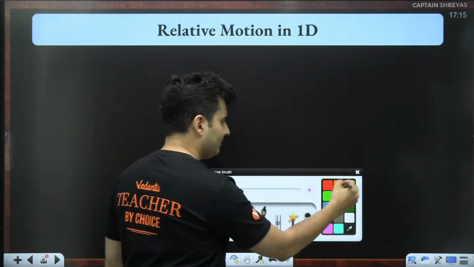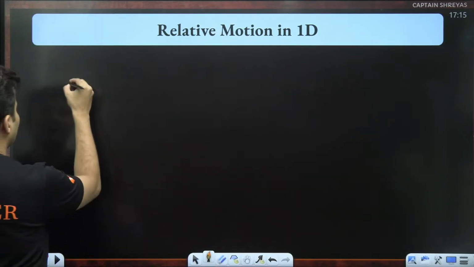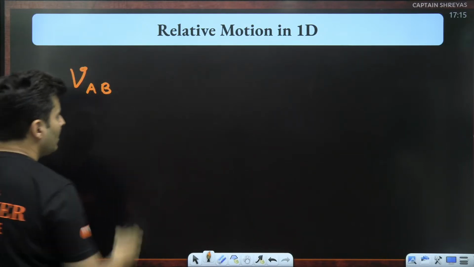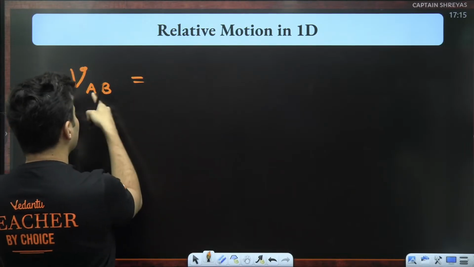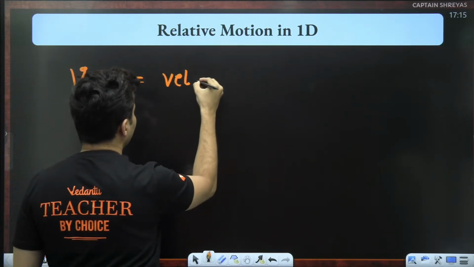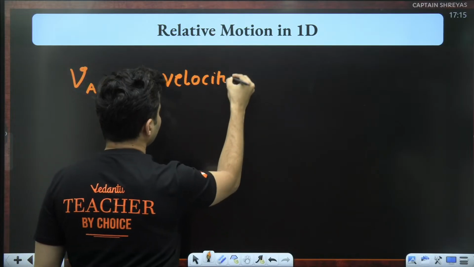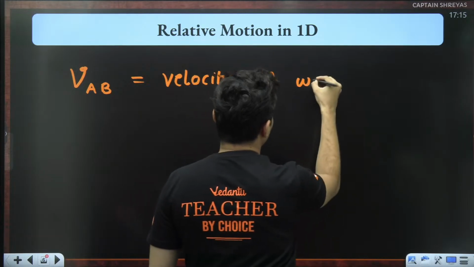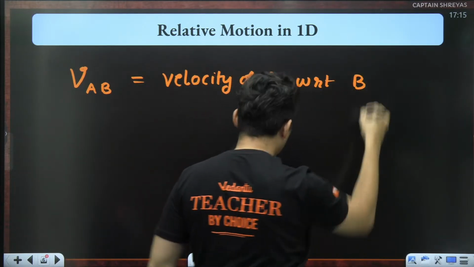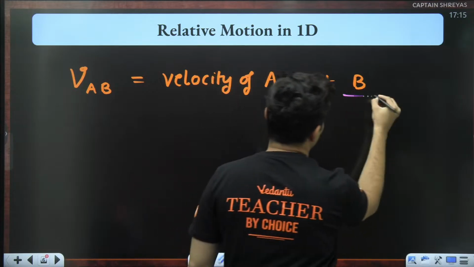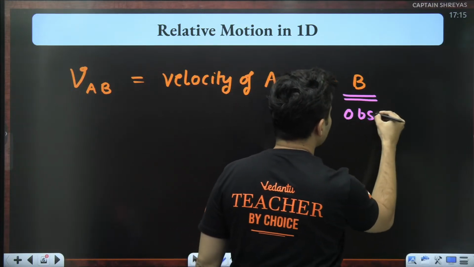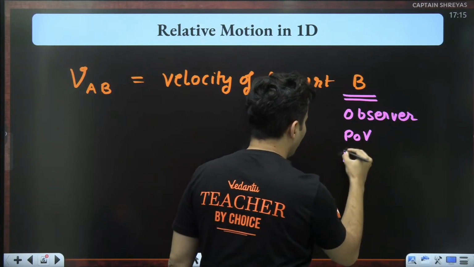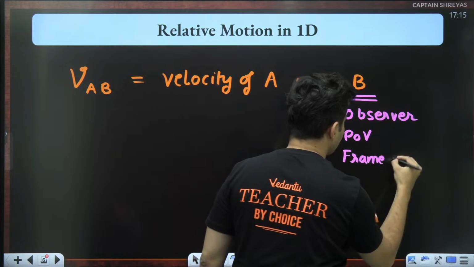Whenever you write something like velocity of A with respect to B, with two subscripts, it means the velocity of object A with respect to B. In such a case, understand B is the observer, basically your point of view or your frame of reference.